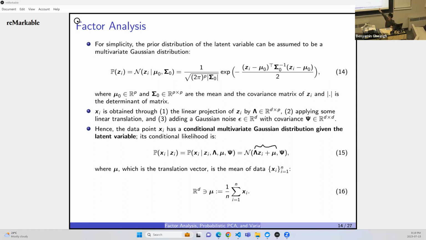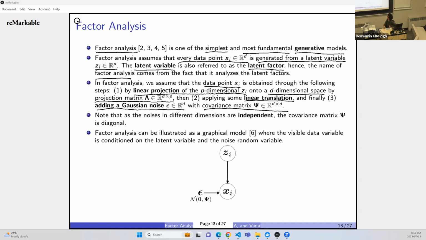So lambda Zi projects Zi into some subspace. Then we add some mu, some translation, some mean. Then we assume this is the mean of some Gaussian distribution with covariance psi. This is the mathematical modeling of what I said here. As noises in different dimensions are independent, do I care what noise I apply to which dimension?